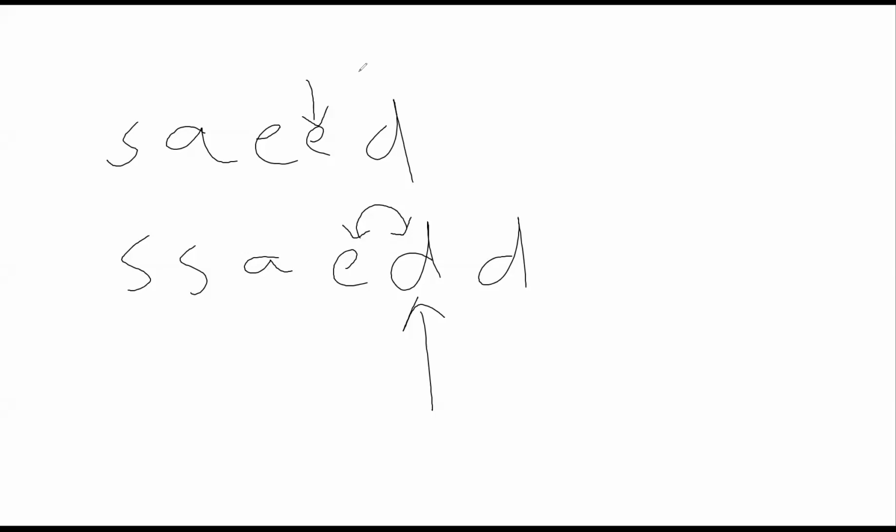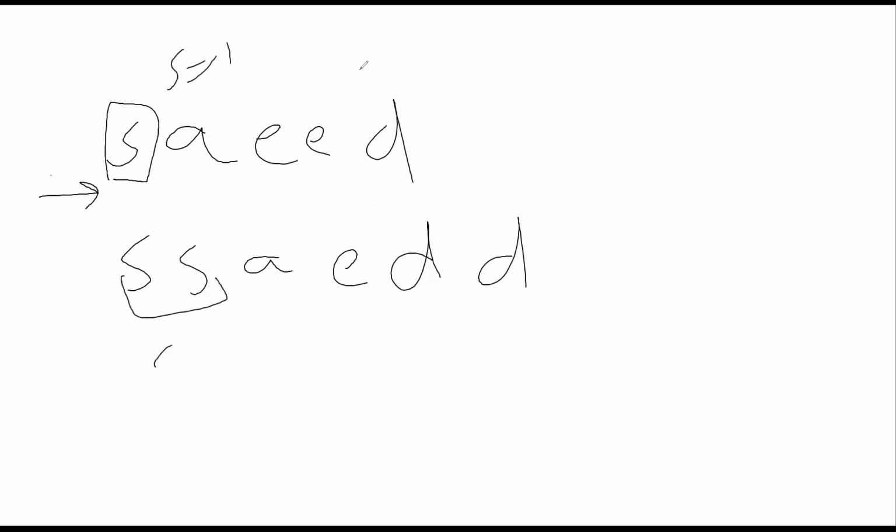What I did, I used both of the strings and moved forward and counted the number of continuous characters. Suppose here I have S equal to 1, and here I have continuous S equal to 2. So the first one has fewer S's, so it's definitely achievable.